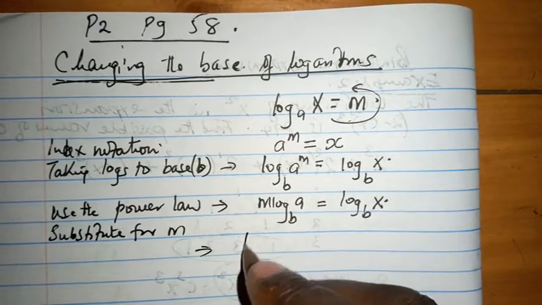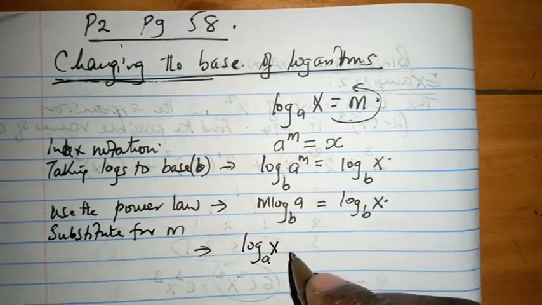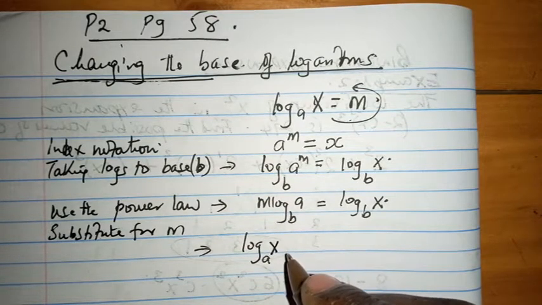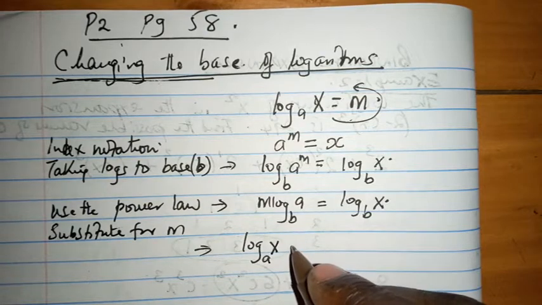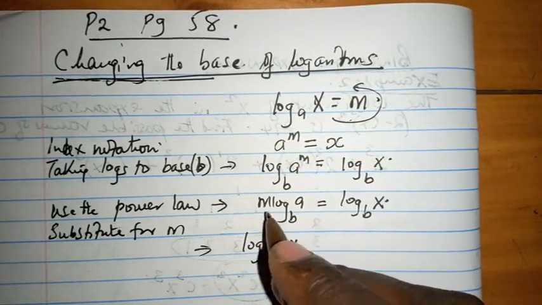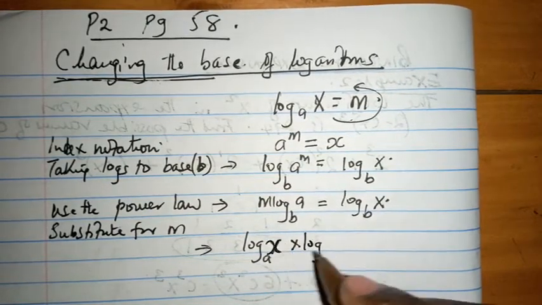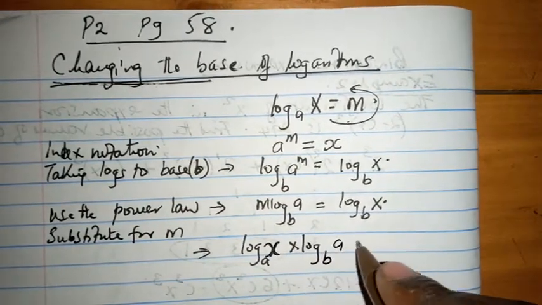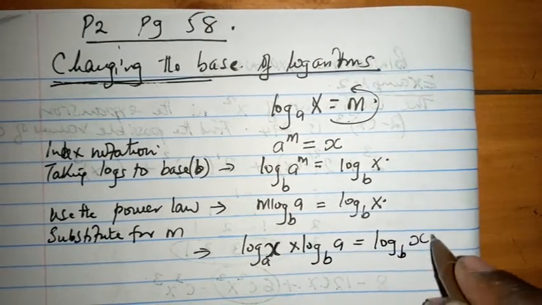We have logarithm to base a of x multiplied by logarithm to base b of a is going to be logarithm to base b of x.